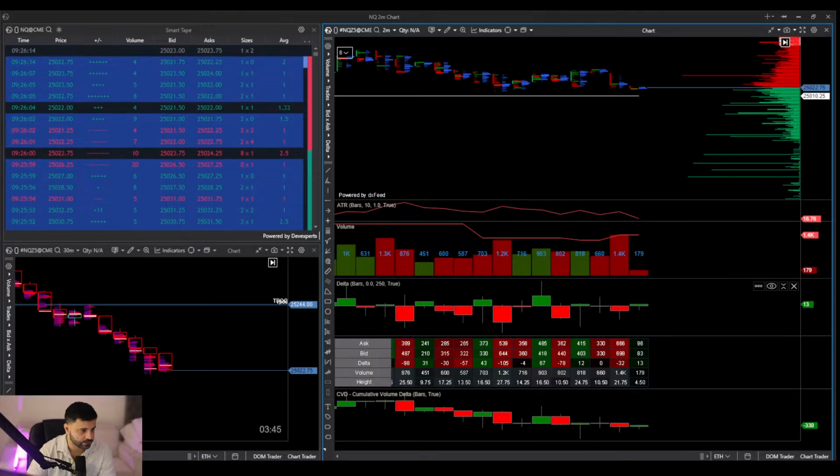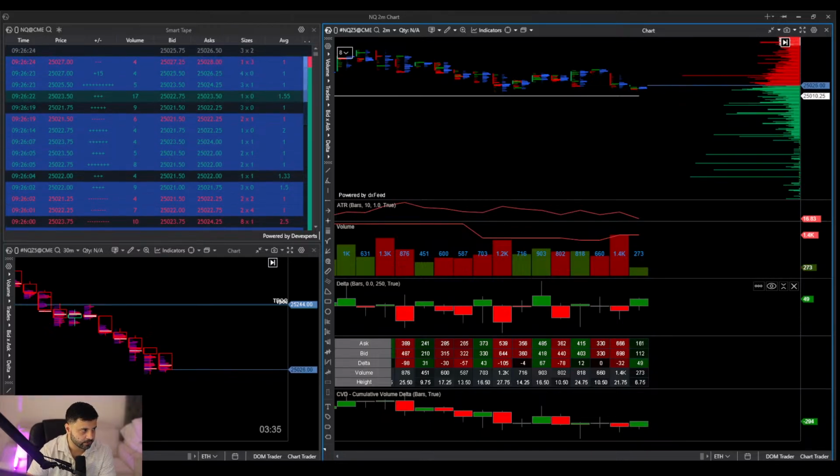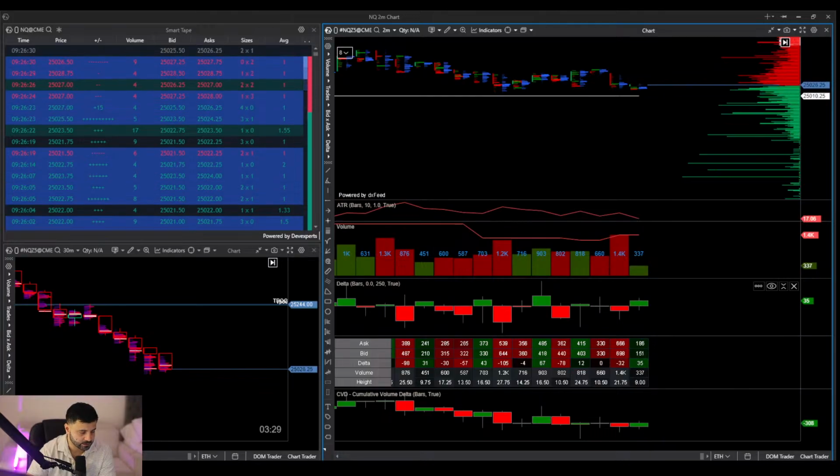But these levels never change, right? They're static. So it doesn't really matter what time frame you've got it on. For volume profile, you want to set it on 30 minutes because they're in 30-minute blocks. So when you're looking at volume profile, you want to do it on a 30-minute time frame.